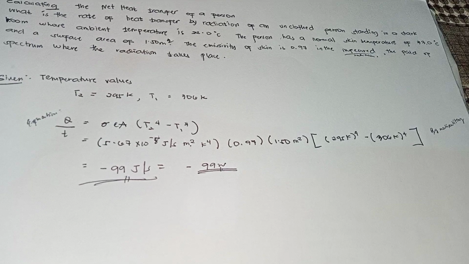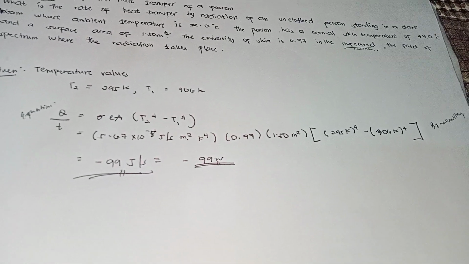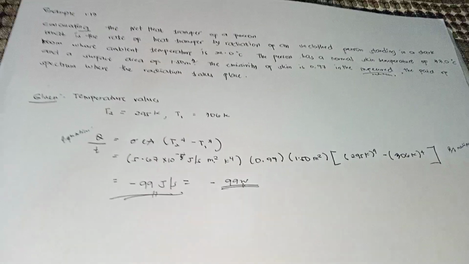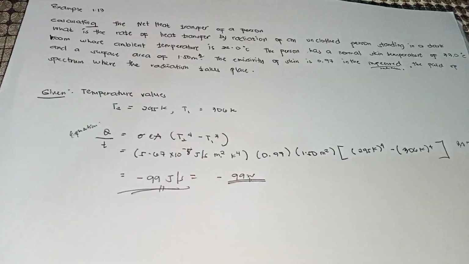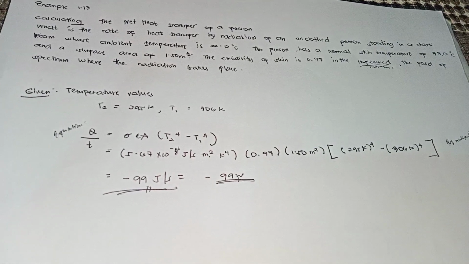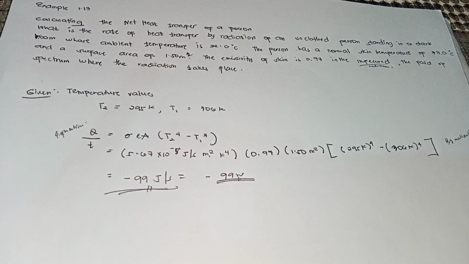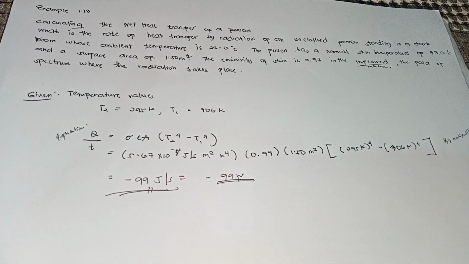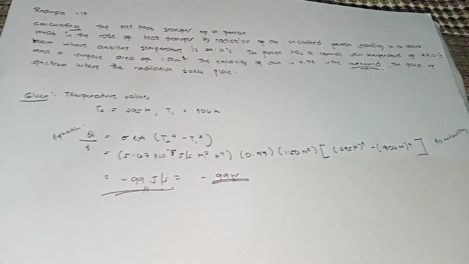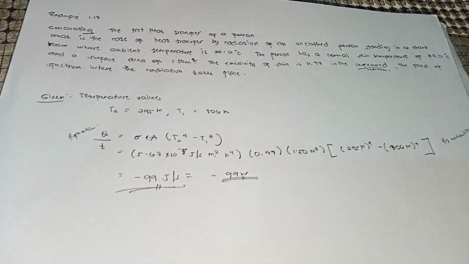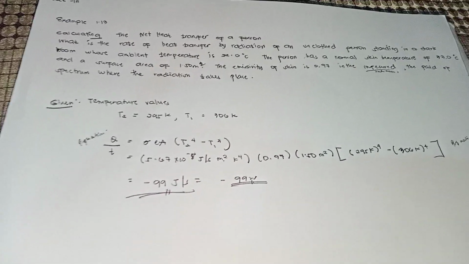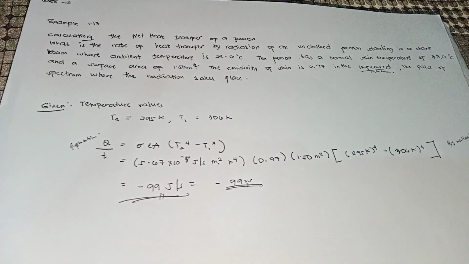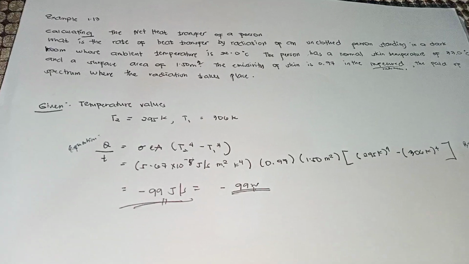Then by multiplying everything, we arrive at the final answer of negative 99 J per second, or 99 W.